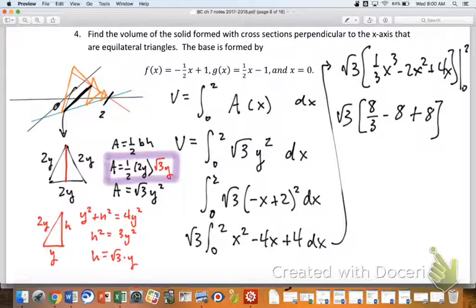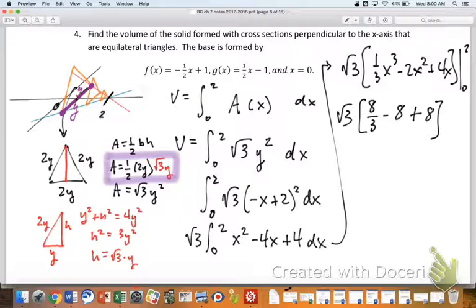The base of my triangle goes from here to here, and what would you call that? 2y. So in your integral, do you have the base listed as y? Well, do you agree that that's 2y?